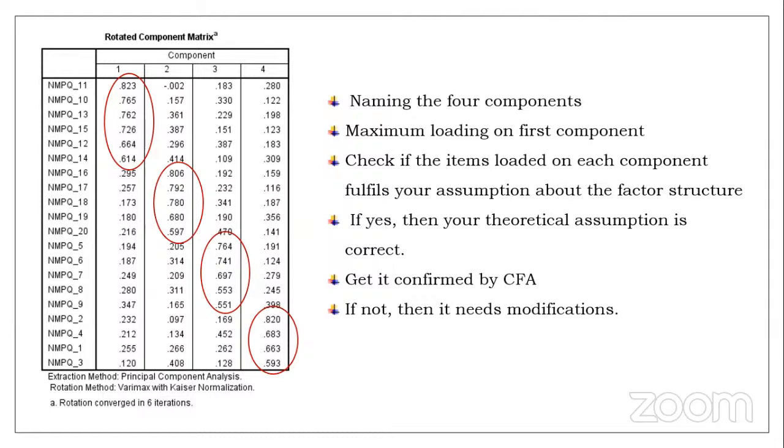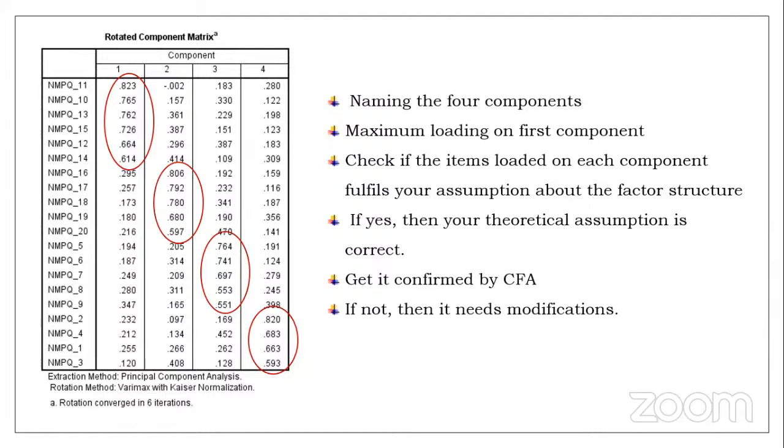We rather focus on the rotated component matrix because it's the rotated solution that we are getting. All right, so let's see what we are getting here. We are getting 4 components. So we can start with naming each of these 4 components. In PCA, generally, we go for naming all these different components which are extracted.